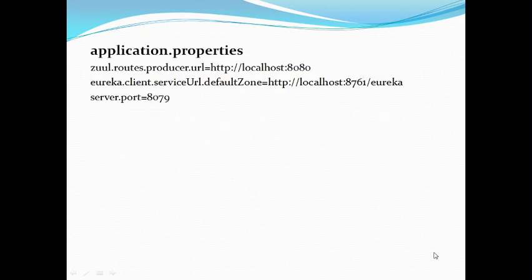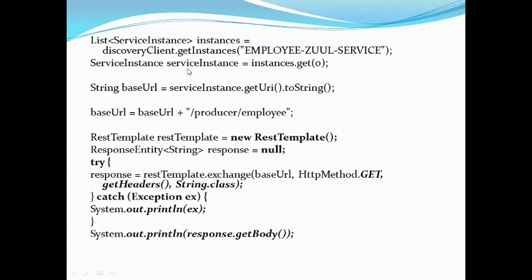which is mainly configured with the routing path. This is a path we need to configure, and to the microservice application whichever is running and configured with it. You can have multiple routing paths, but make sure that a routing path is unique. And coming to the client application, you need to provide the Zuul proxy service instance name, not the producer instance.